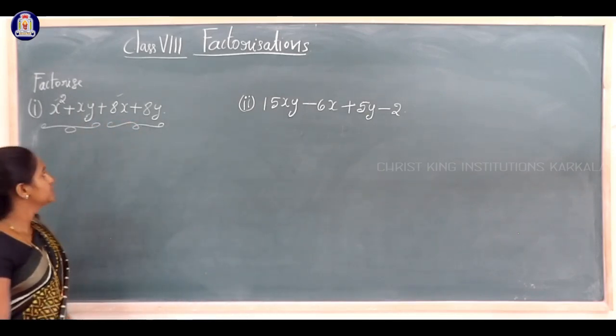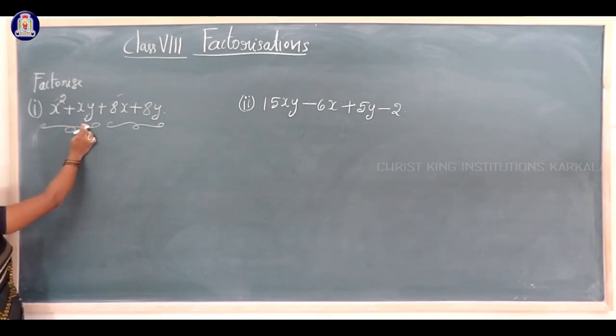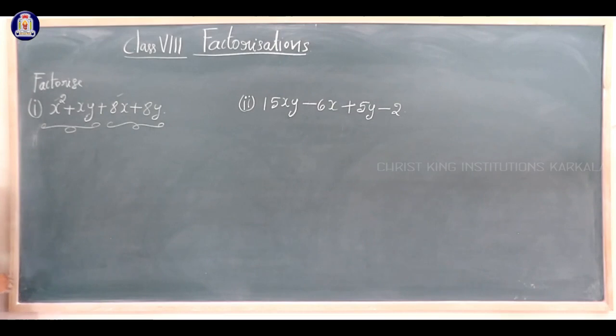In x square plus x y, which is the common factor? x is common, isn't it? x square means x into x, x y means x into y. So in this x is the same, so you can take it outside. The remaining factor is x plus, in x y we already took x outside, so the remaining is y.